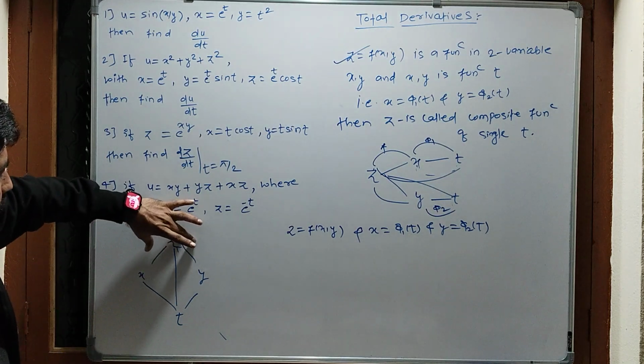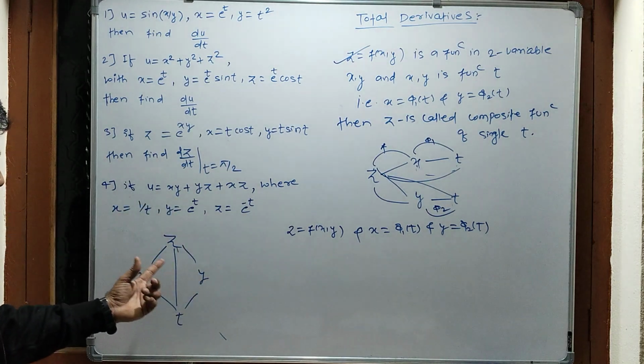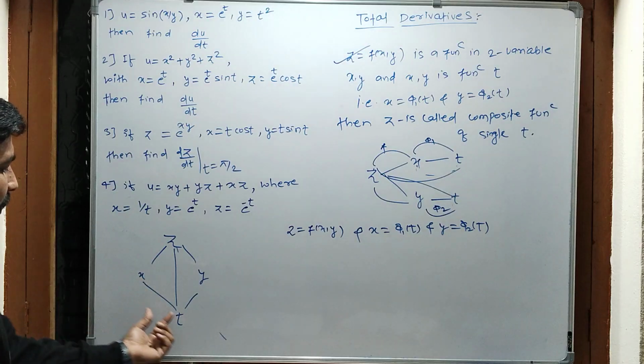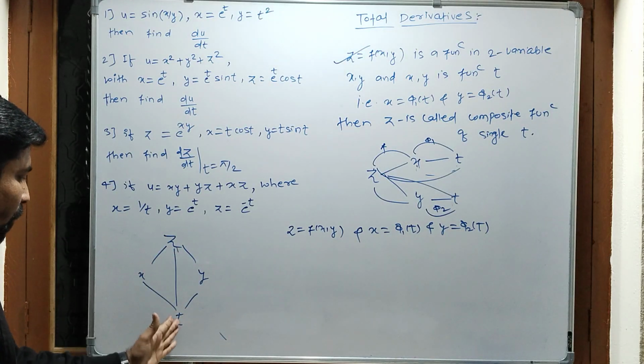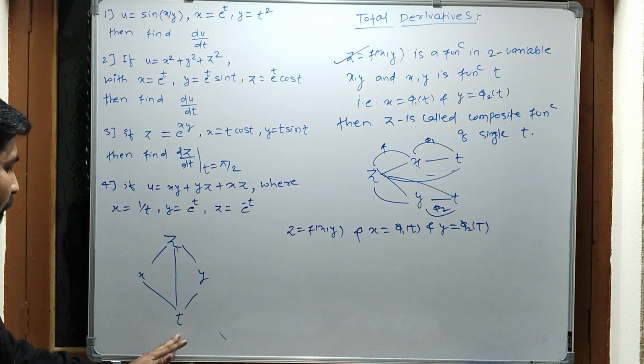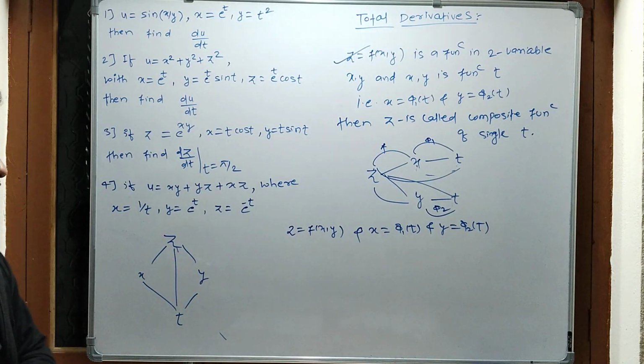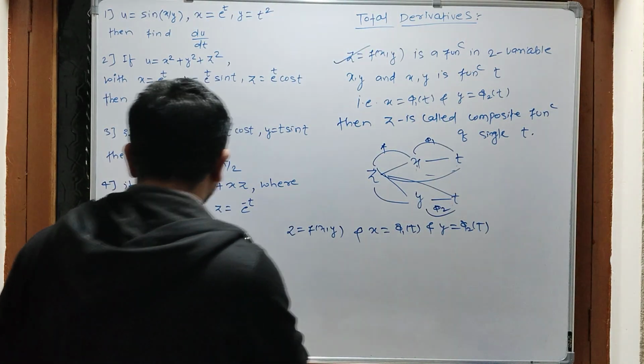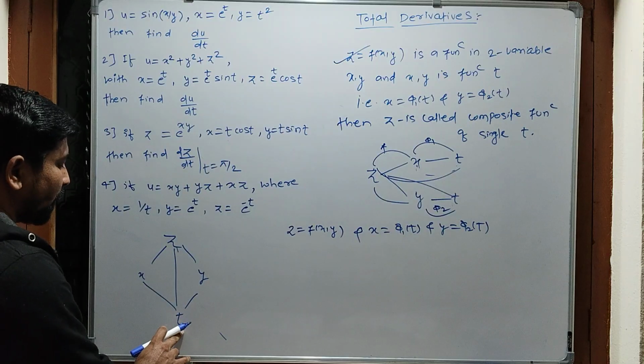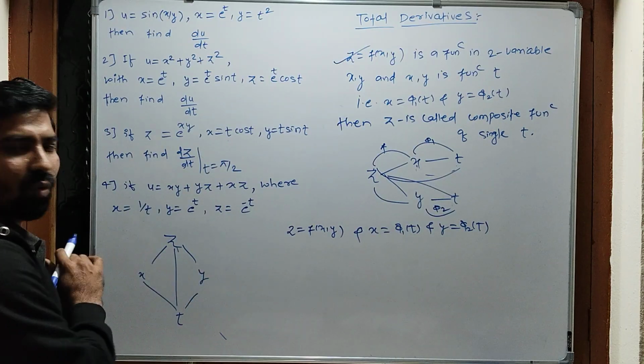Here corresponding to this, z is the function of two variables x, y and x, y is the function of t, therefore through this z is the function of t via x and z is the function of single variable t via y. Therefore now I want to find the total derivative of z with respect to t via x and y.